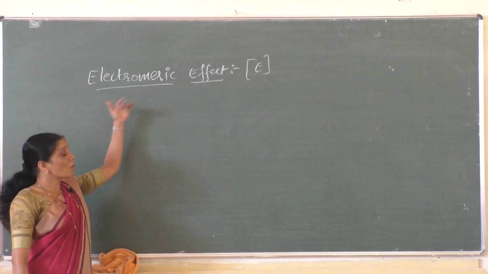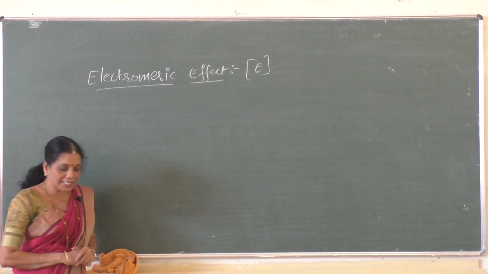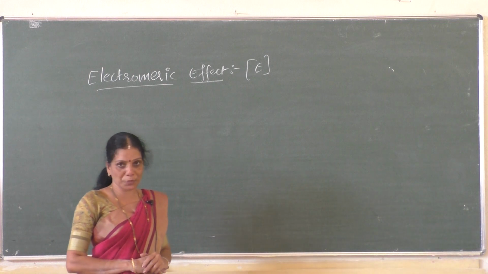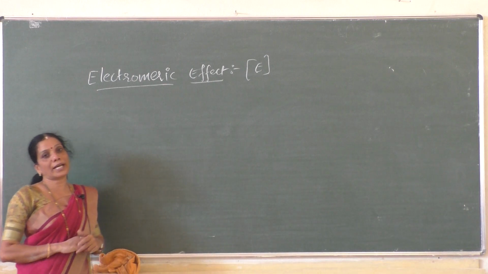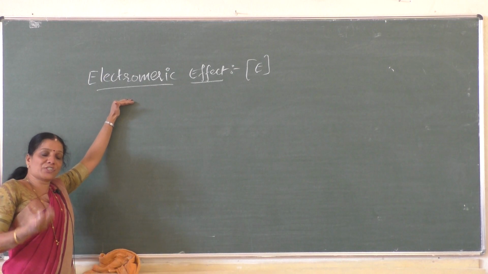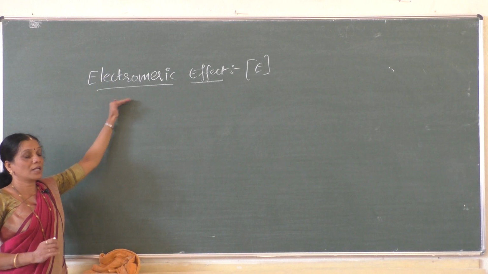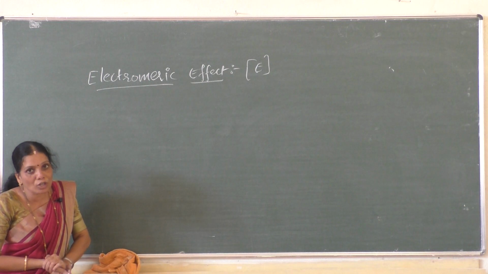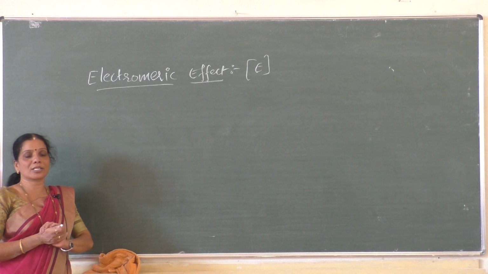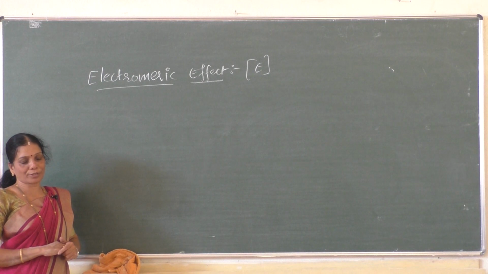Capital E. Now what is this electromeric effect? Listen here students, electromeric effect is also a type of electron displacement where complete shift of the pi electrons takes place towards any one of the atoms involved in a multiple bond.